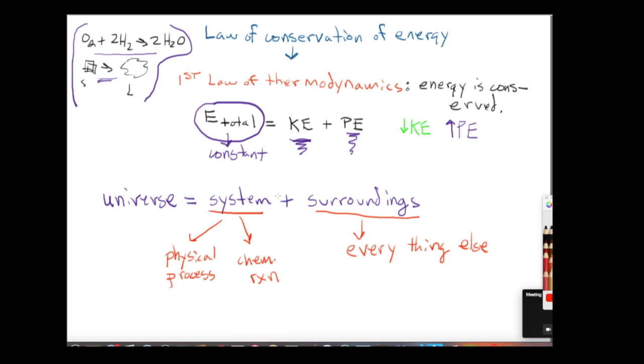What we're going to be doing here is paying attention to which direction the energy is going. In the ice cube example, in order to melt it, it has to warm up. So for the ice cube, which is our system, we need to increase its thermal energy. That has to go up. And the potential energy in the surroundings is going to have to go down.